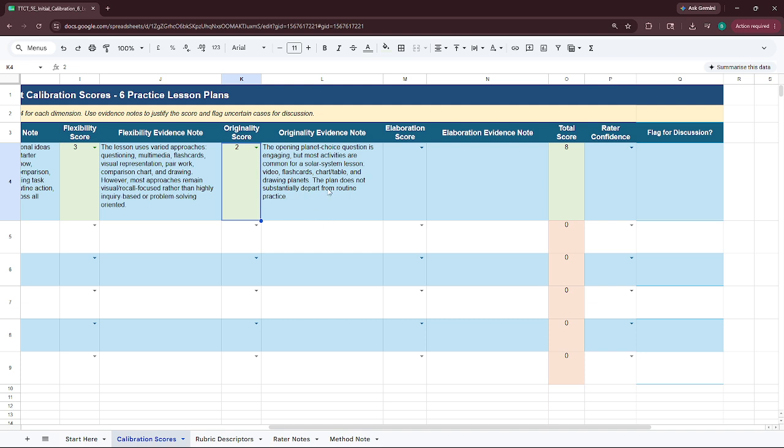But if they put the actual activities they want to use these flashcards or materials for, you have some fair idea how creative the teacher wanted to be in applying these materials. So it doesn't mean you have to keep changing the materials to be creative. You can use the same material, but the application of it will show how creative the teacher is. So that is for the originality.